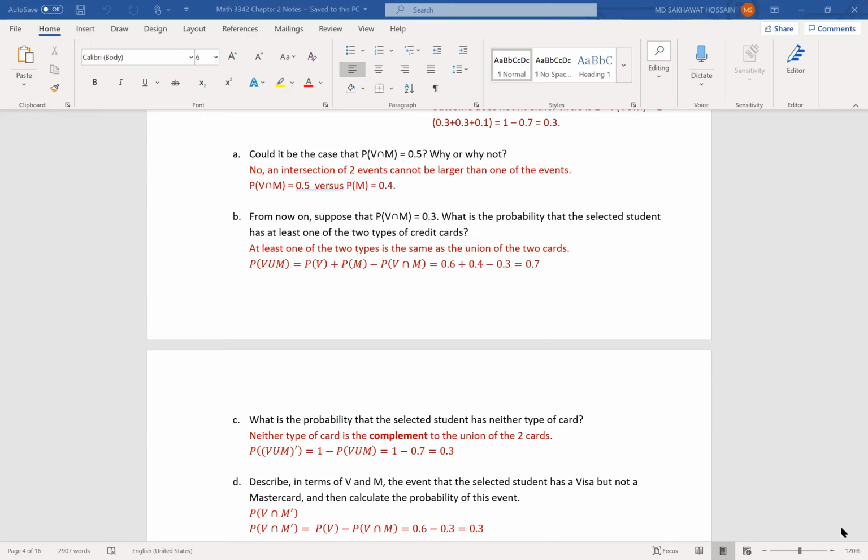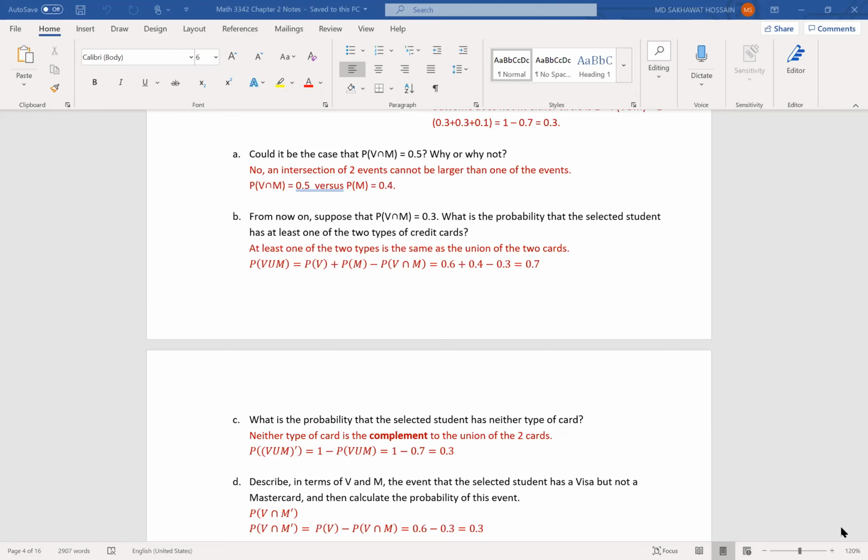The previous one was that the student has at least one of the credit cards. So part C is the complement of part B, right? Because if you take the complement of at least one card, the opposite of this, then it will be no credit card. So that means the student has neither type of card.